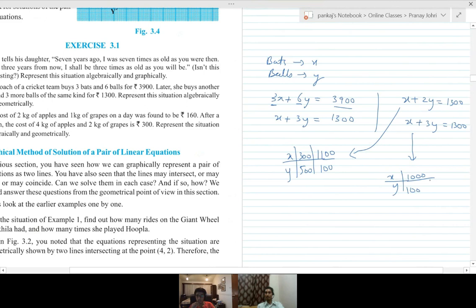Then x would be 100 and y would be 400. So you got that. You can have the graph done. So what gradations will you take? I'll take each division as 100. That would be good.